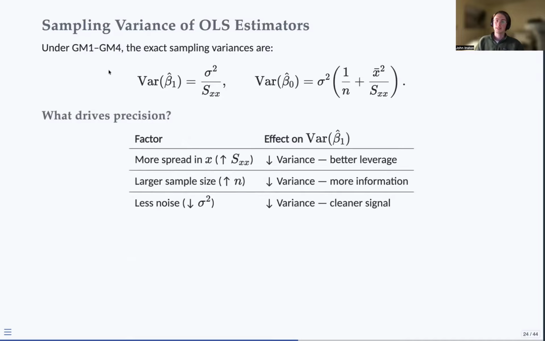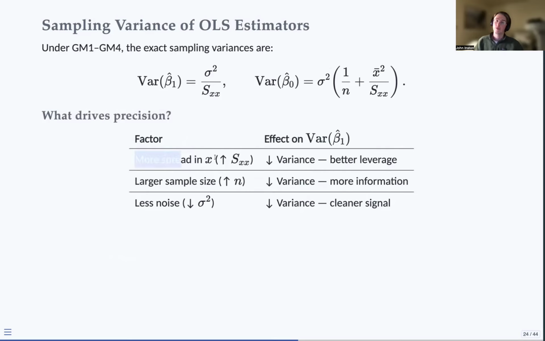If we want the sampling distributions of the two parameters to be as narrow as possible, what can we do? Notice that if we have more spread in x, then this sxx term will increase, and because they're both in the denominator, that will decrease the variance.